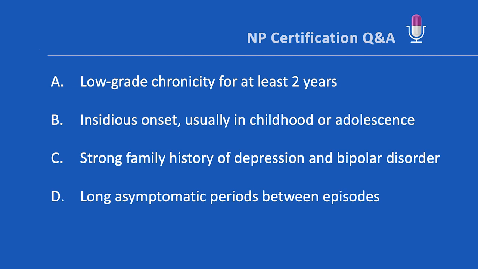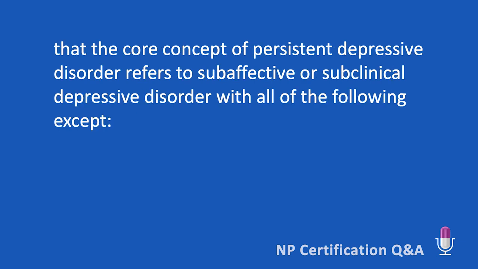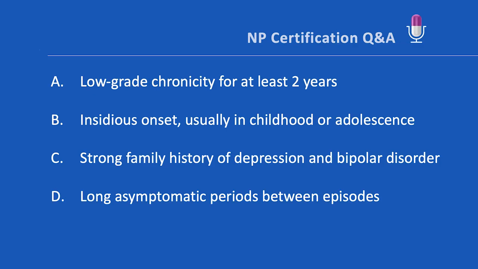So as we look at the question here, let's look again at the question and the answer choices. The PMHNP considers that the core concept of persistent depressive disorder refers to subaffective or subclinical depressive disorder with all of the following except. What's the exception?